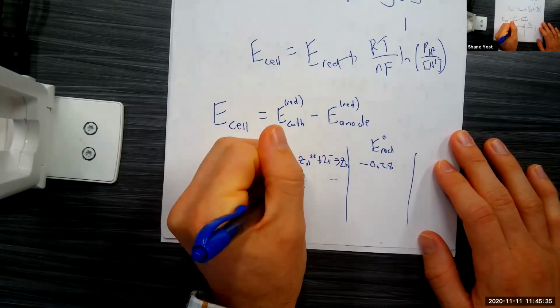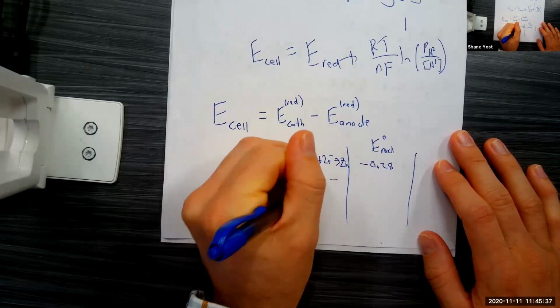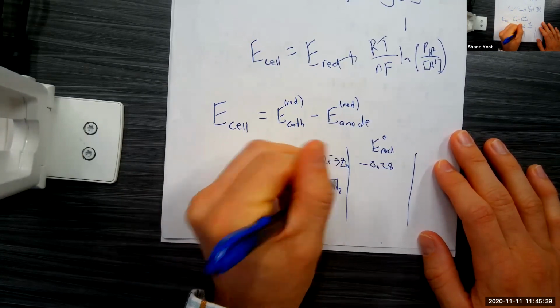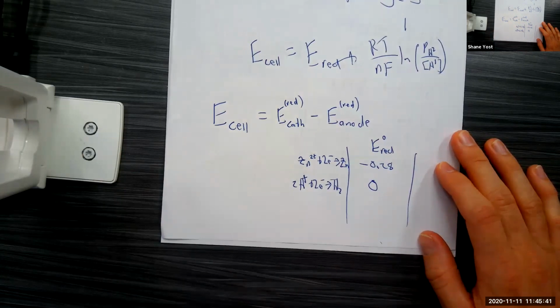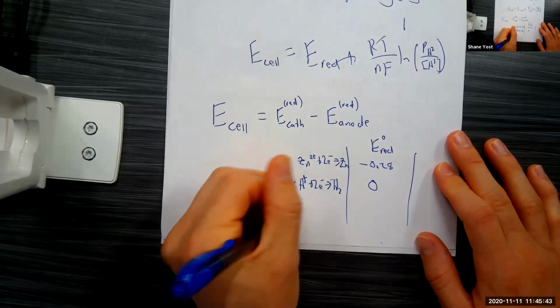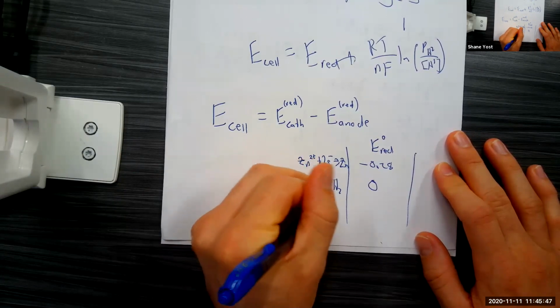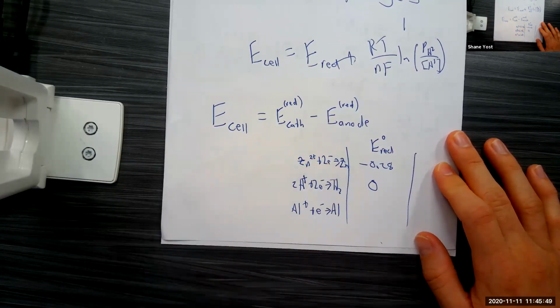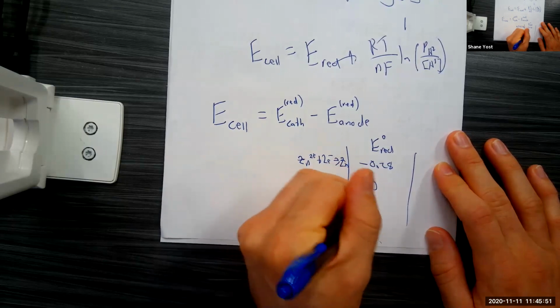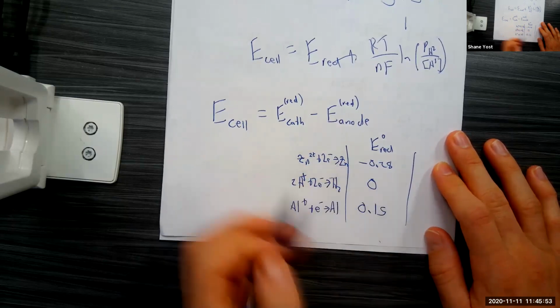H+ plus 2e- going to H2 would have 0 reduction potential, and so on. And let's say this one is 0.15. You have a bunch of different reduction cell potentials.